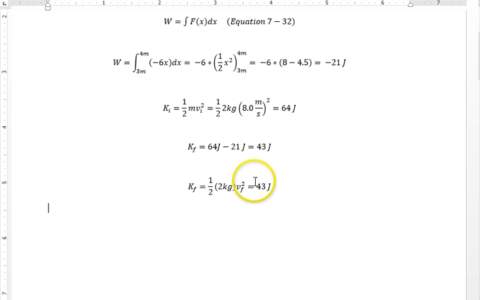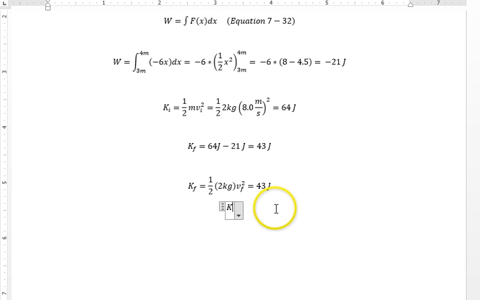Well, the 1/2 and the 2 cancel out, and we're left with V final squared equals 43. Oh no, it's going to be joules. All right, pardon me. V final is the square root of 43 meters per second.